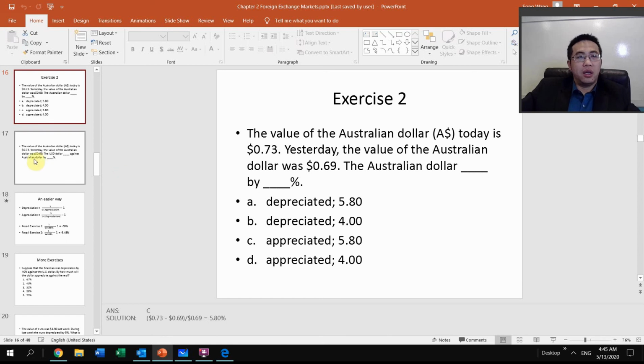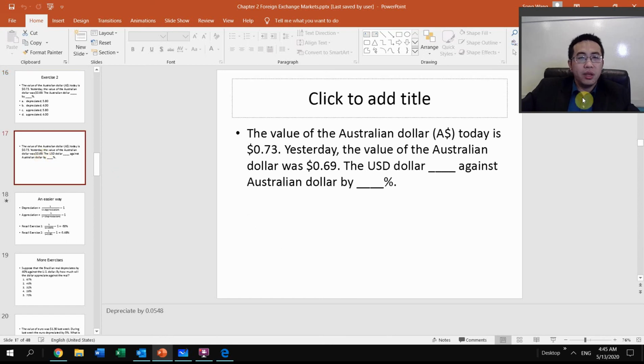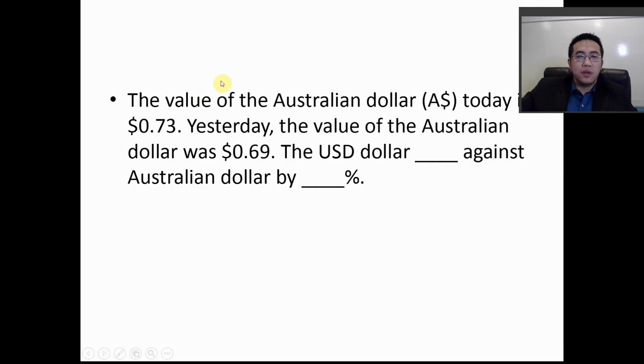Right here, you also need to calculate how much the dollar depreciated against the Australian dollar. You need to take the reciprocal of the exchange rates, from US dollar per Australian dollar to Australian dollar per US dollar, and then use the same formula to do the work.